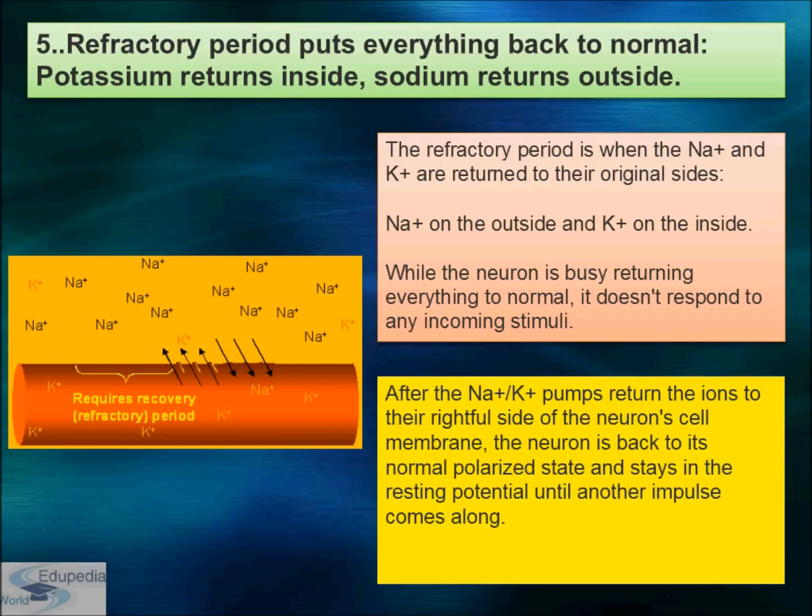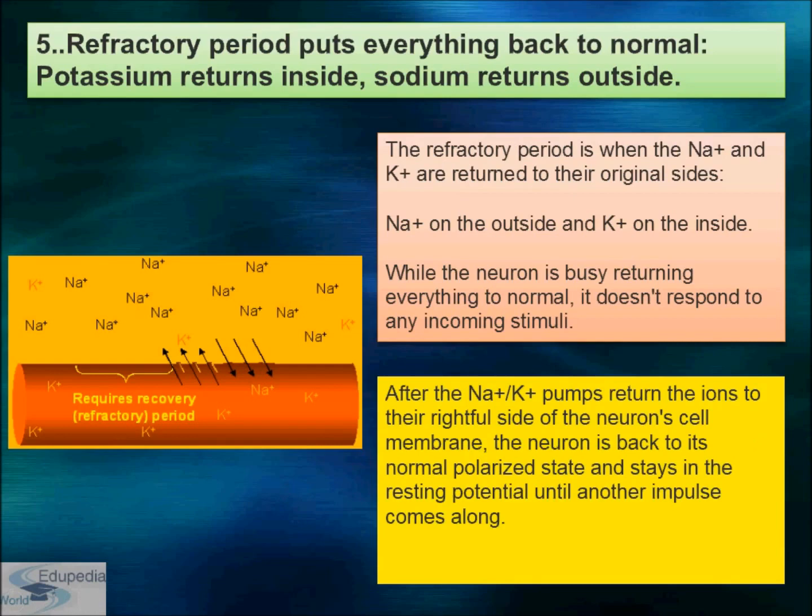Please note that while the neuron is busy returning everything to normal, in that time, it doesn't respond to any incoming stimuli. After the Na+ and K+ pumps return the ions to the rightful side of the neuron cell membrane, the neuron is back to its normal polarized state.